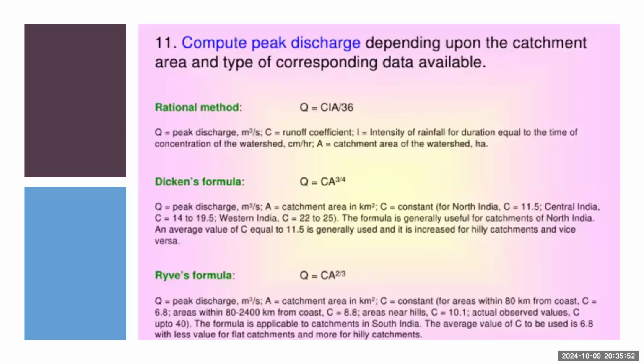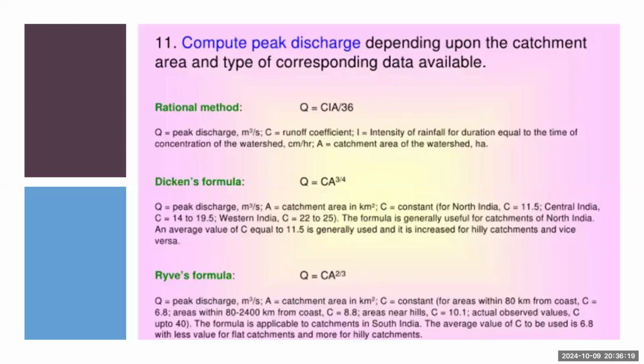These formulas are empirical formulas. The Dickens formula and Ryves's formula are empirical formulas. These hydrologists have provided the constant value based on the topography of the land. So they have suggested different values of C based on the different parts of the country.